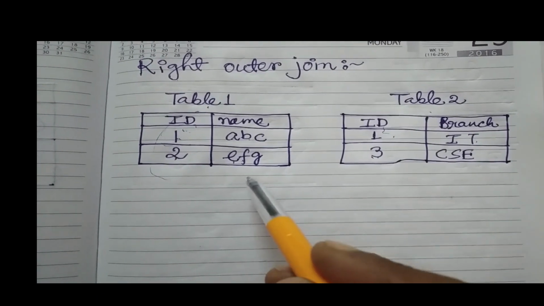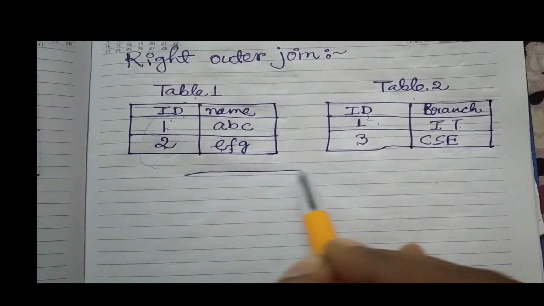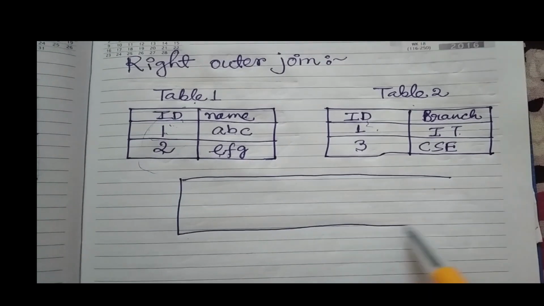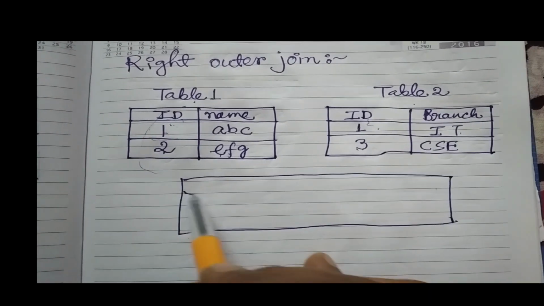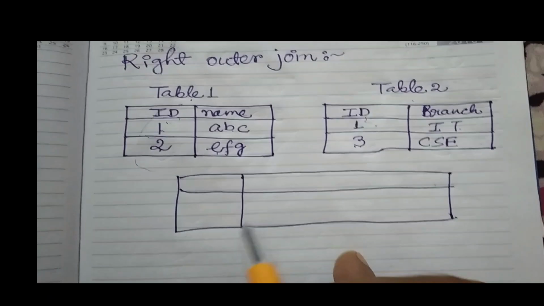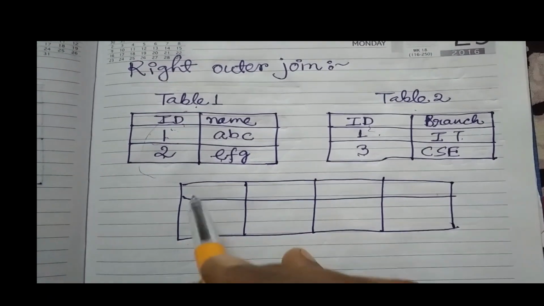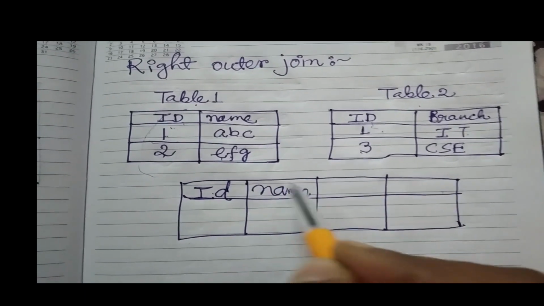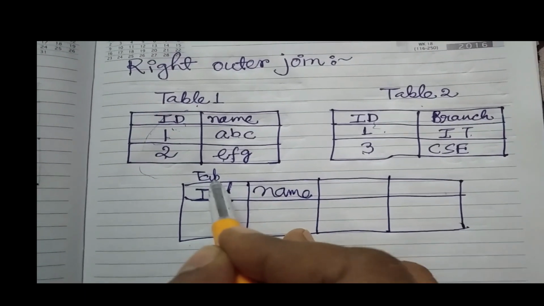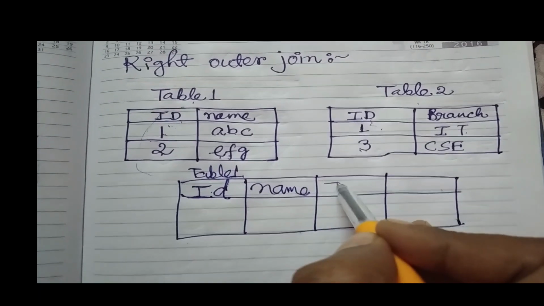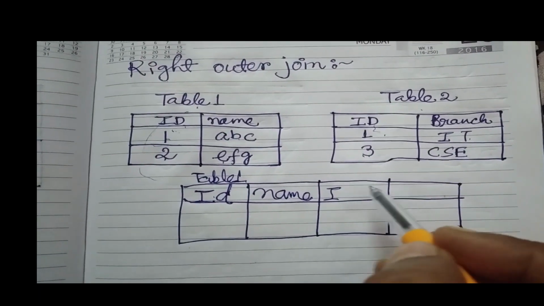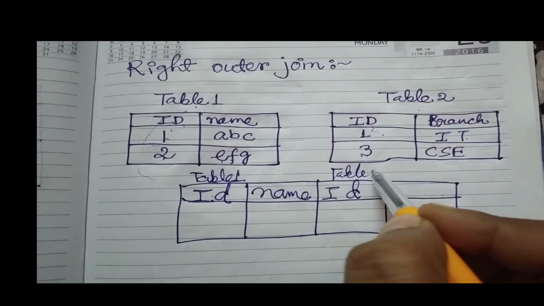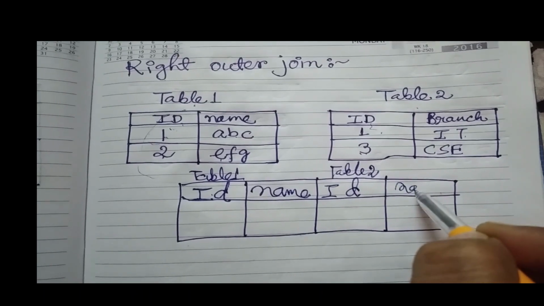If I implement right outer join, then the final output is like this: ID, name, table 1, ID, table 2, name.